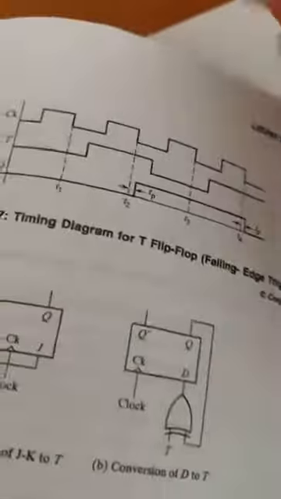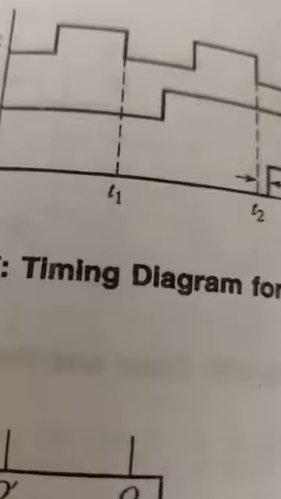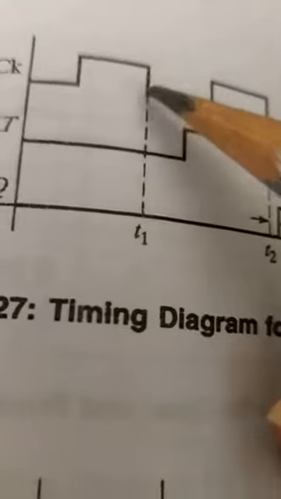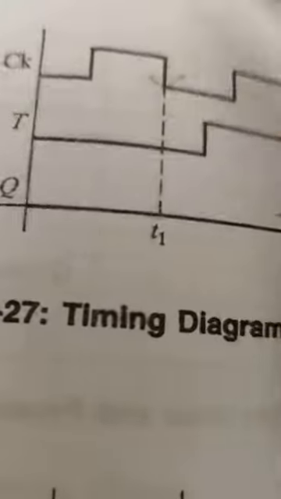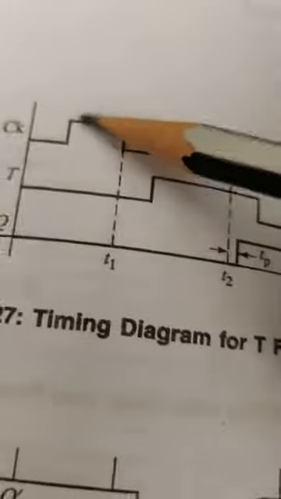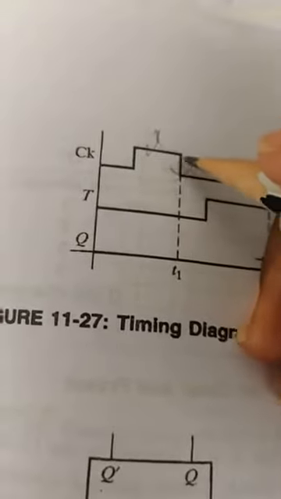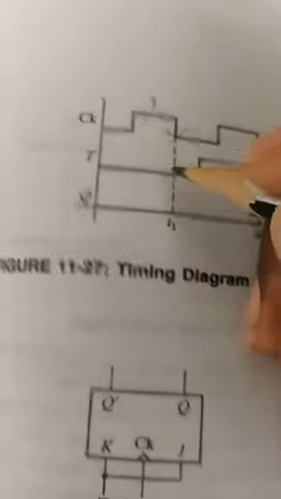So you can notice the waveform here. This T flip-flop is going to change only on the negative edge, when the system falls from 1 to 0. This is 1, this is 0. When the system moves from 1 to 0, then only the Q output will change.